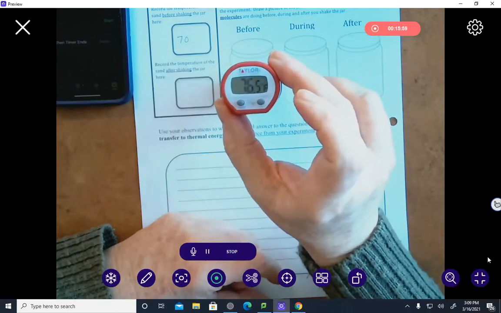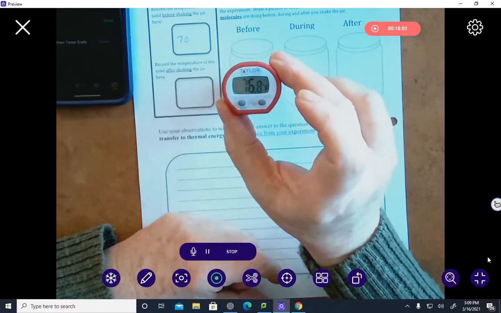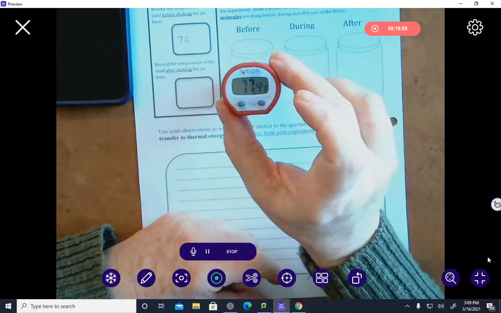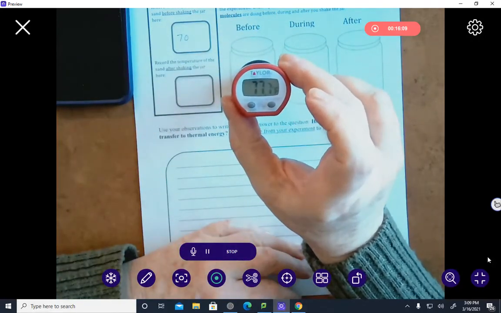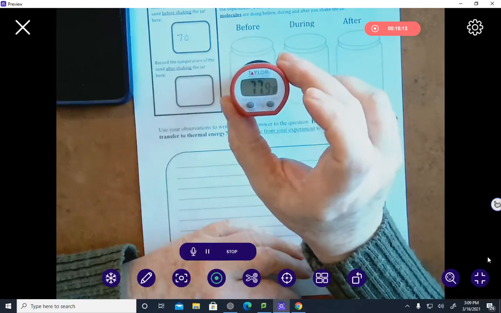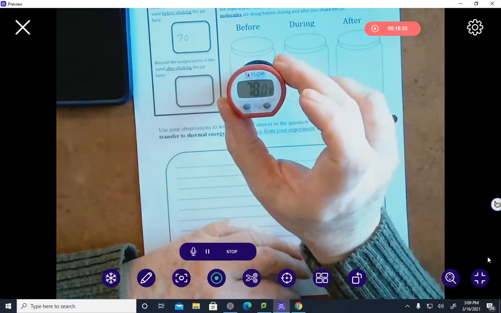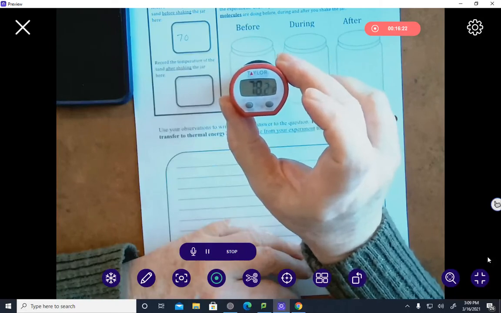So we let that one trickle up to 70. I'm expecting to see about a 10-degree increase. I guess I can go eat a donut now because of that exercise. Now it's starting to slow down, but we let it trickle up. We kind of let it go until it seemed to be, we didn't want to wait for it anymore.